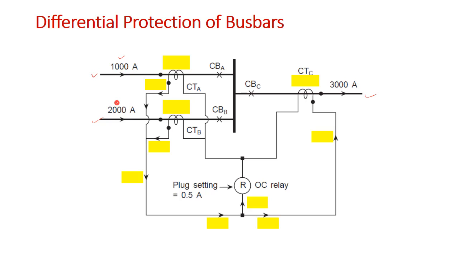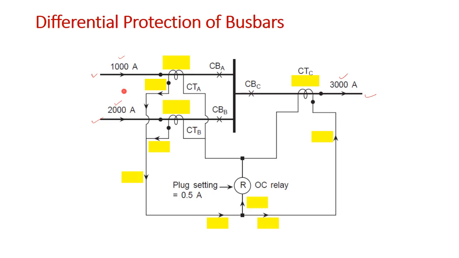The incoming lines are rated at 1000 ampere and 2000 ampere, and the outgoing line is rated at 3000 ampere, because the sum of the current of the incoming has to be outgoing in the outgoing line. So now the question is, how will we take the CT ratios so that it will work very nicely.